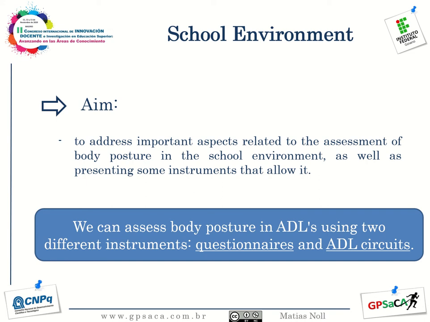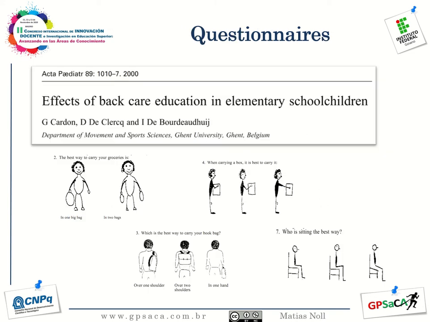We can assess body posture in the activities of daily living using two different instruments: questionnaires and activities of daily living circuits. This is an example from a study from Cardon et al. that was published in 2000.